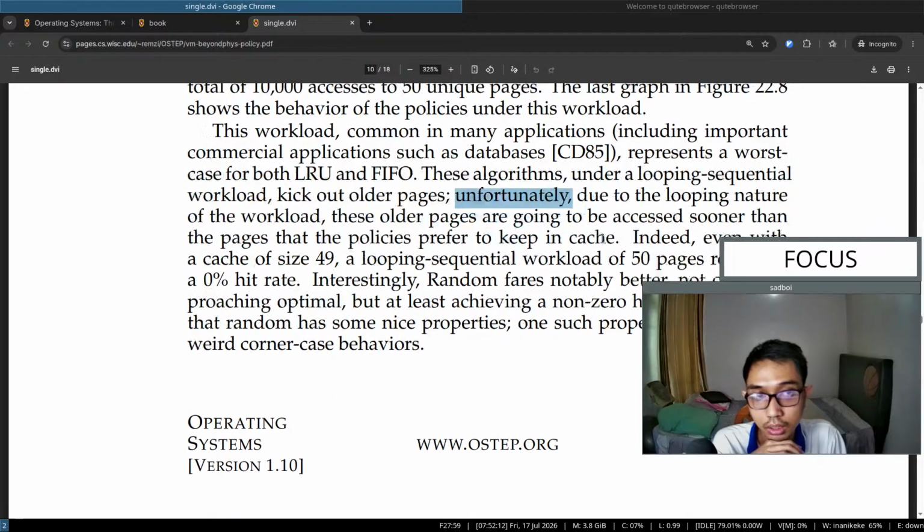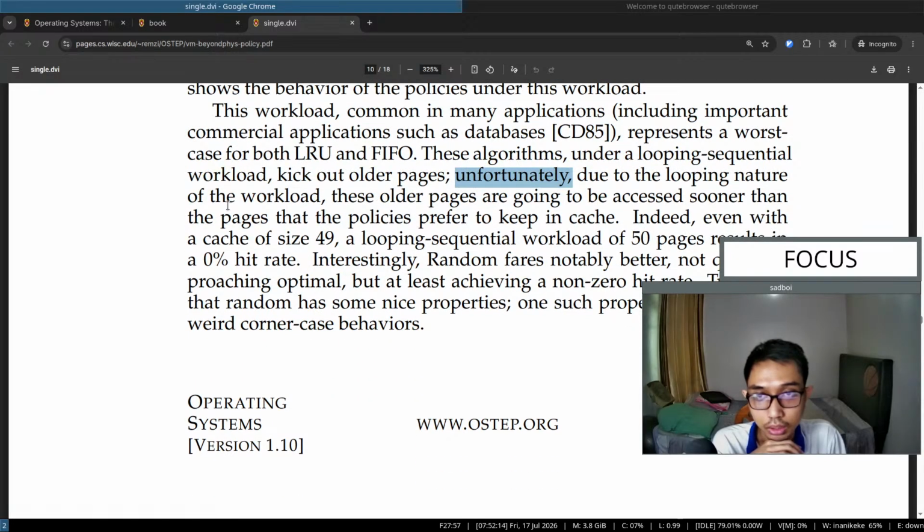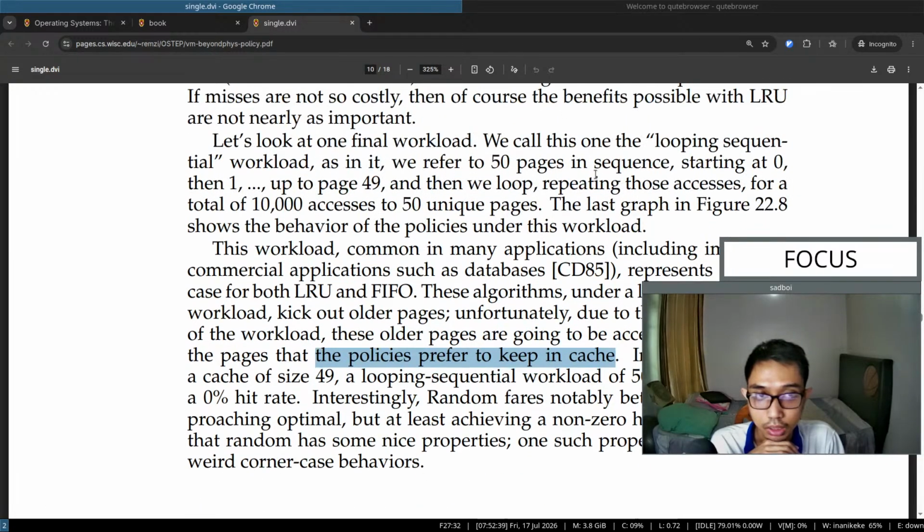Unfortunately, due to the looping nature of the workload, these older pages are going to be accessed sooner than the pages that the policies prefer to keep in cache.